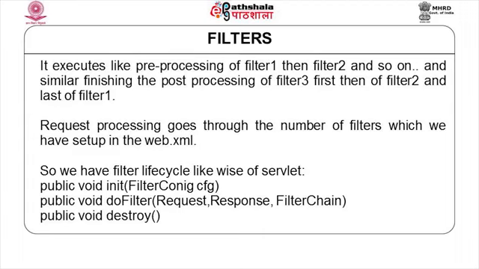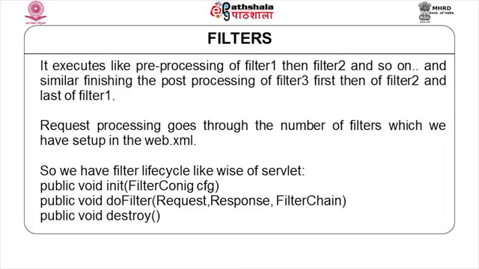A request processing goes through a number of filters, fine, which we might have set up in the web.xml file. So we can write our implementations of filter. As far as filters are concerned, we know there are only 3 methods: the init method with filter config, and the do filter method with 3 parameters.